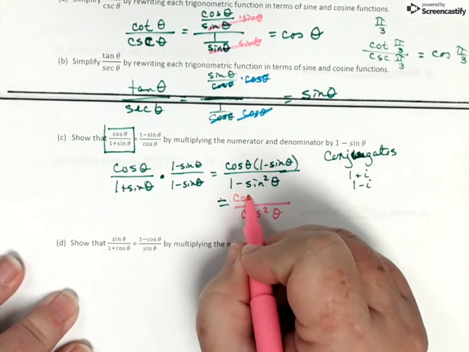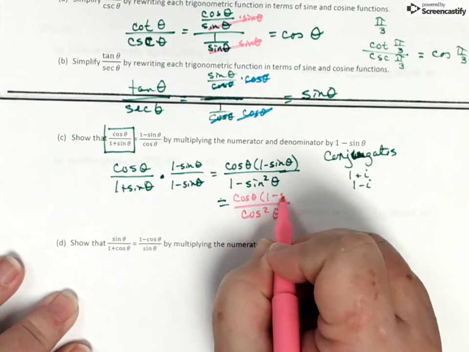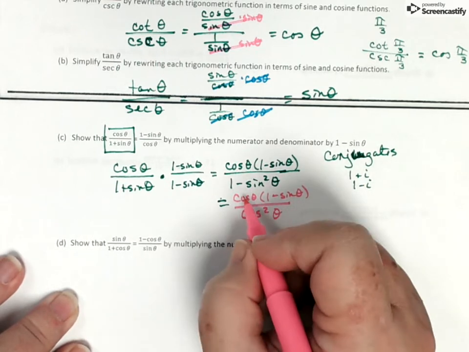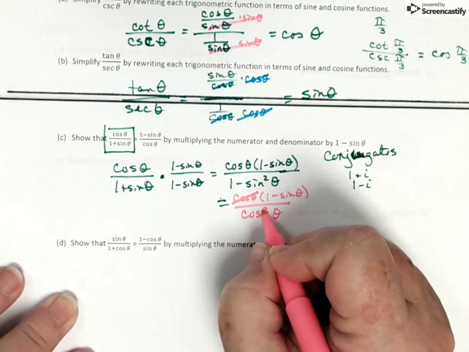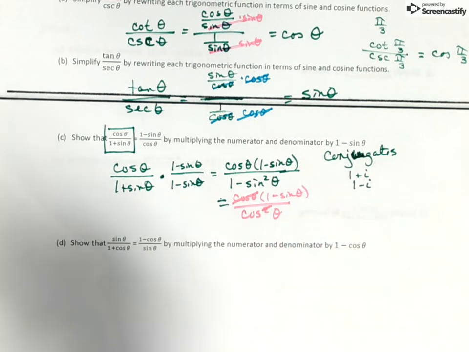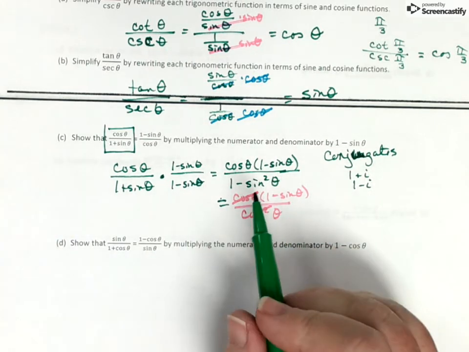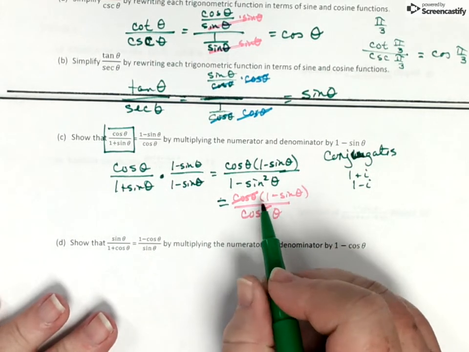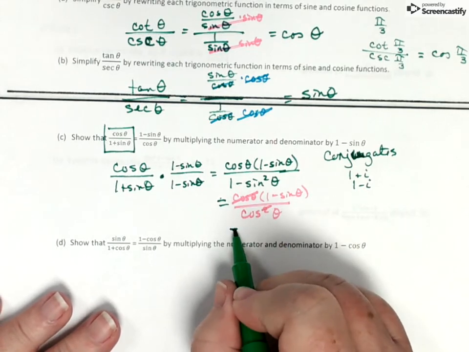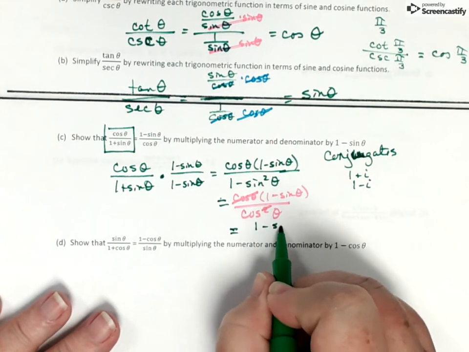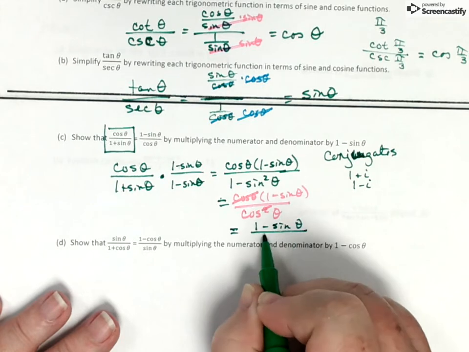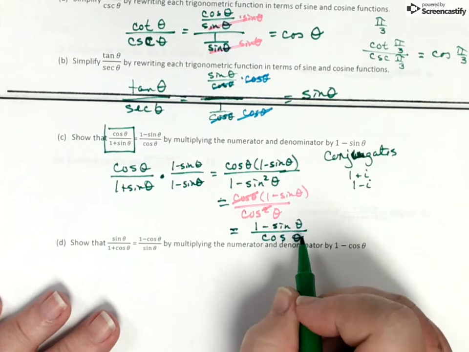I've got cosine of theta on top times 1 minus sine of theta. The cosine cancels out with one of those, because remember cosine squared is cosine times cosine, so I canceled out one of them, leaving me with 1 minus sine of theta over cosine of theta.